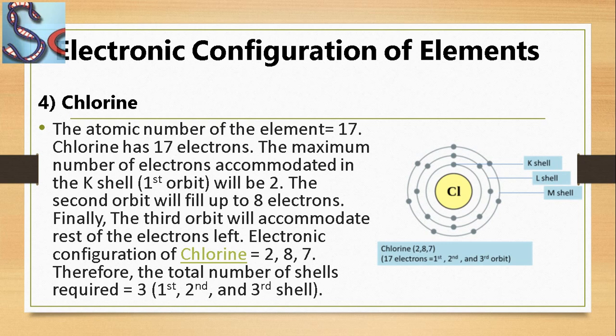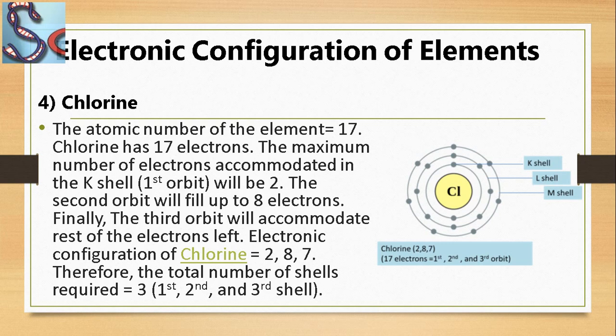Now, in this example, the chlorine atom has atomic number 17 and has 17 electrons. Now start filling according to the previous example. First, fill the K shell with 2 electrons. Then the second orbit will fill up to 8 electrons. How many electrons have you filled? 10 electrons. What about the remaining electrons?